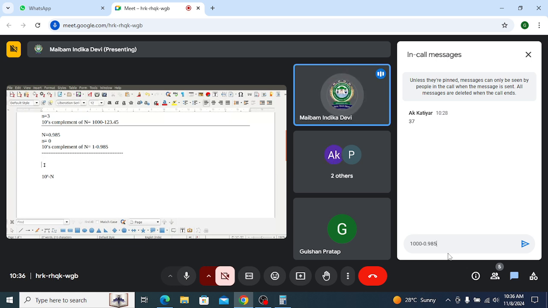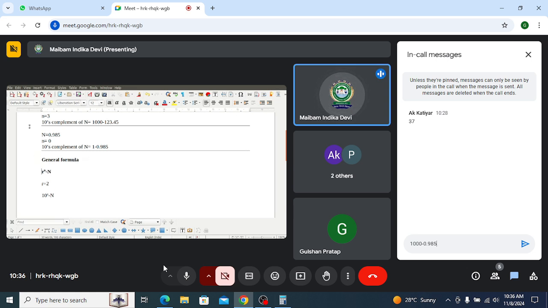Now here you have r equals 2, that is for binary. Now the general formula will be r to the power n minus n. So this is a generalized formula for finding r's complement. General formula.